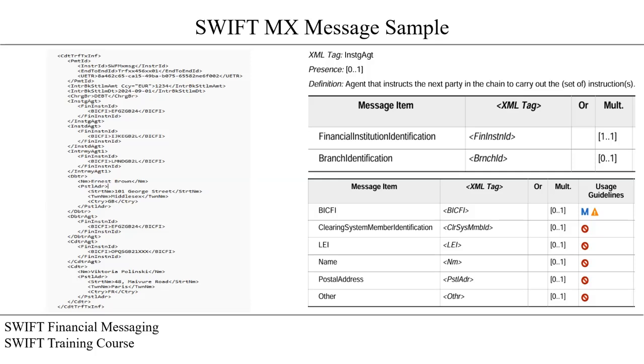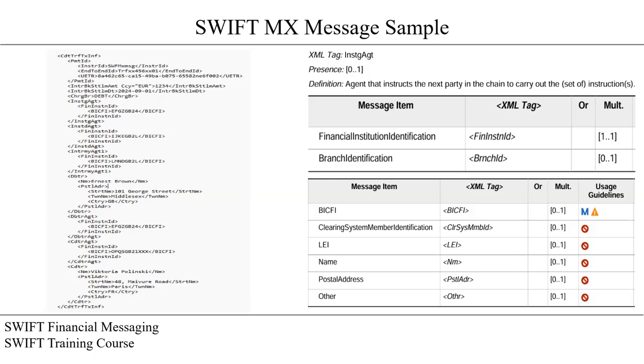parent field. So with XML, there's always an association, a relationship. You have the parent and you have the child. A good example from the MX or XML tag on the left hand side: if we look at the tag instructing agent, that is actually a parent, and then within the instructing agent you have the block financial institution ID, so that would be the child of the instructing agent.